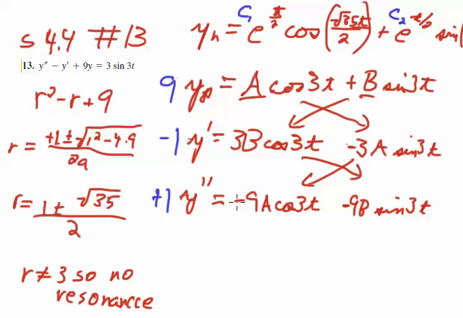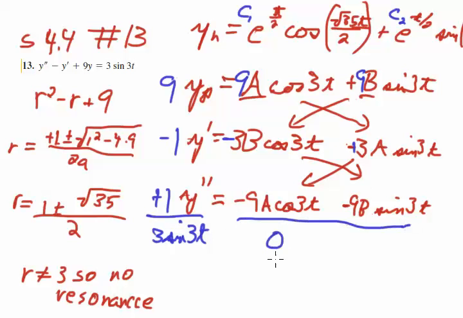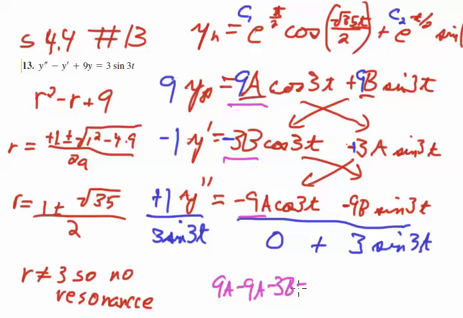So this will be multiplied by 1, this will be multiplied by negative 1, and this will be multiplied by 9. And the sum is going to be 3 sine 3t, and the sum over here is going to be 0 cosine 3t plus 3 sine 3t. So this leads to 9a minus 3b minus 9a, so 9a minus 9a minus 3b equals 0.